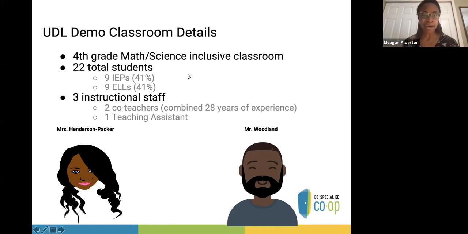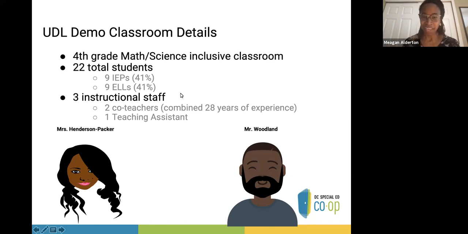And yes, Ms. Packer, when we first met, wanted to hold hands and be next to them the whole way. But quickly she figured out that when you design the classroom with the supports in place, you can actually take your hands off and let kids come to the learning as independently as possible.